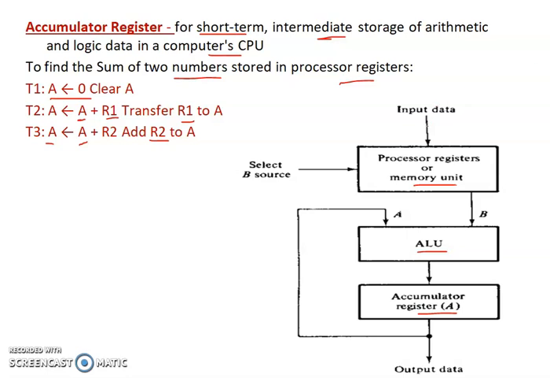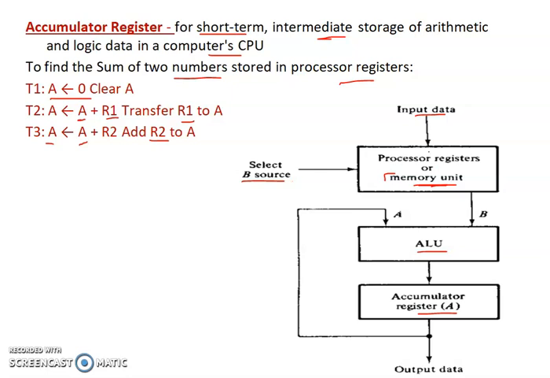If any input data is retrieved from outside, that input data shows over here. It will be given as input to these registers, or else, if it is accessing the memory unit, it needs to know the B source.